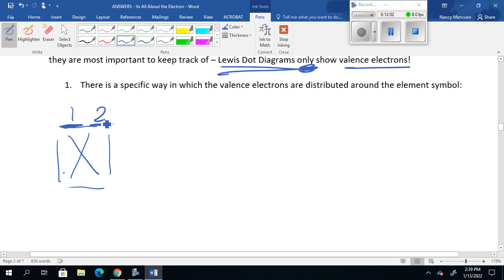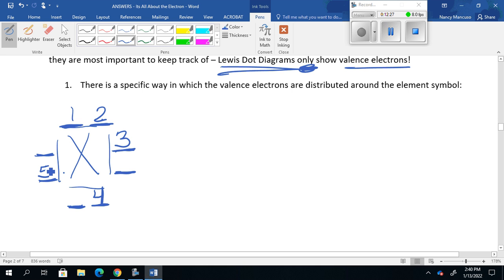Then as you go around, you only fill 1 spot on each side next. On this side I'm going to fill just this 1. Then at the bottom, I have 2 spots, and I'm going to fill just this 1 next. And on this side, I have 2 spots, and I'm going to fill just this 1 next.